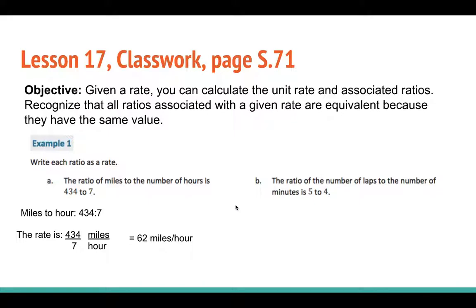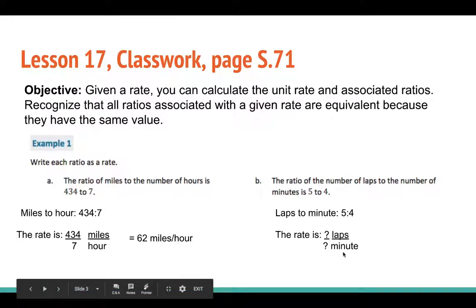Letter B, the ratio of the number of laps to the number of minutes. Okay, so our laps to minutes is 5 to 4. So this runner ran 5 laps in 4 minutes. I'm going to have you calculate the rate. So the rate is what over what?